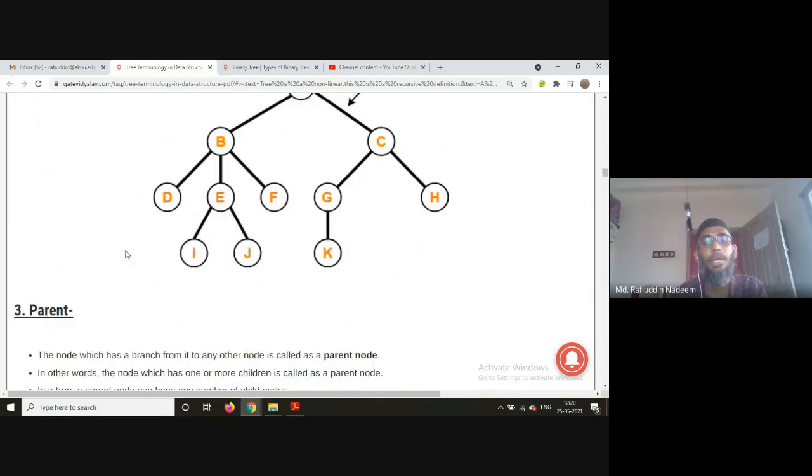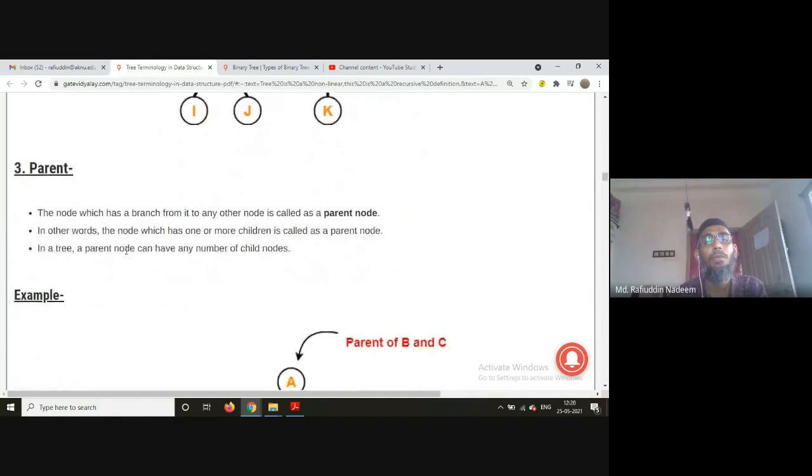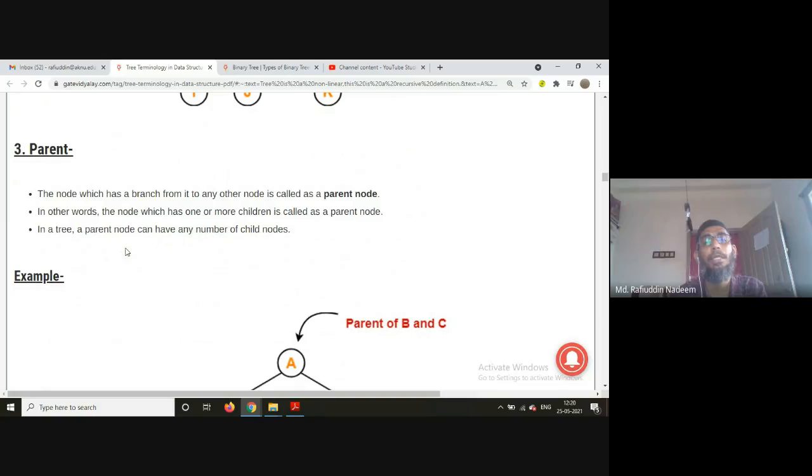Okay, next we have the parent. The node which has a branch from it to any other node is called a parent. Means from where the other nodes branch out is called a parent node. In other words, the node which has one or more children is called a parent node, and in a tree, a parent node can have any number of child nodes.